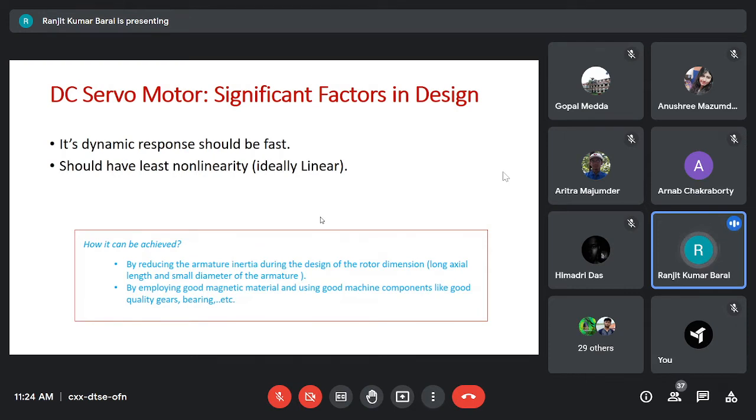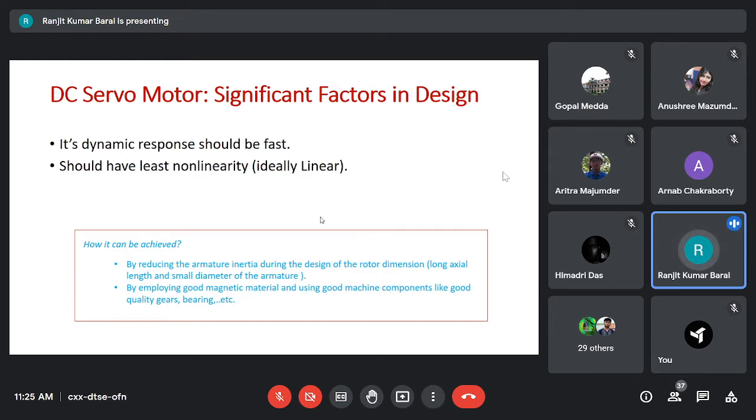The designer will purchase the laminations of the stator and rotor from the commercially available sizes. Okay, so the sizes are in discrete steps, so he cannot reduce the diameter and increase the length arbitrarily.